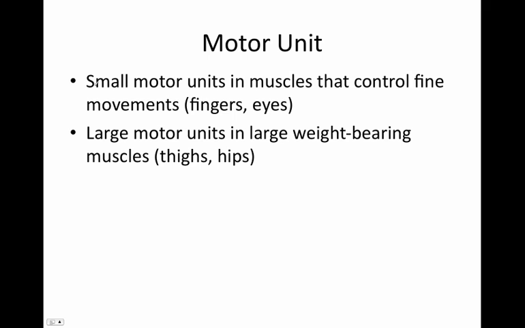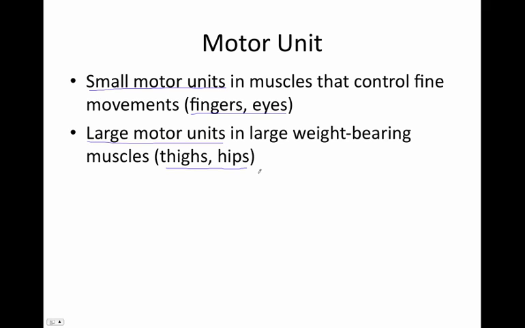The motor unit then, we've got small motor units, and we're going to see those, for instance, in the fingers and eyes. And the concept is that for a body part or a muscle part that we have to move with more finesse, we're going to commit more neurons to that. And then in a large motor unit, these would be the motor units, say, within really large muscles in the thighs or hips.